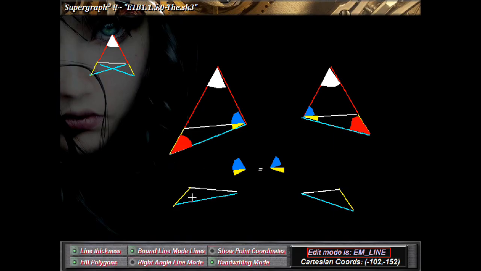And the red equals red. Red is these angles, which won't copy well from there. Let's make it a triangle.